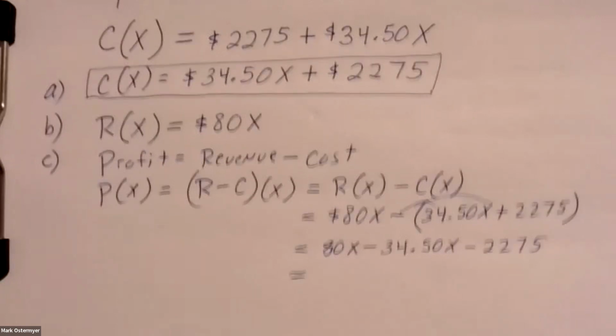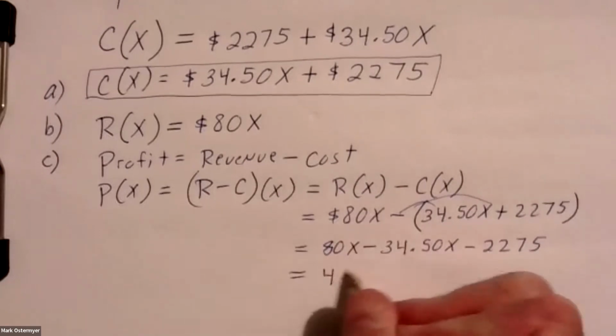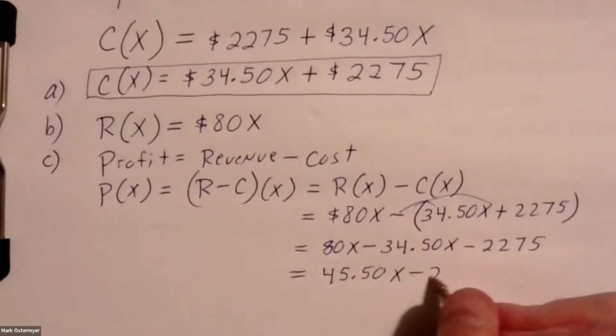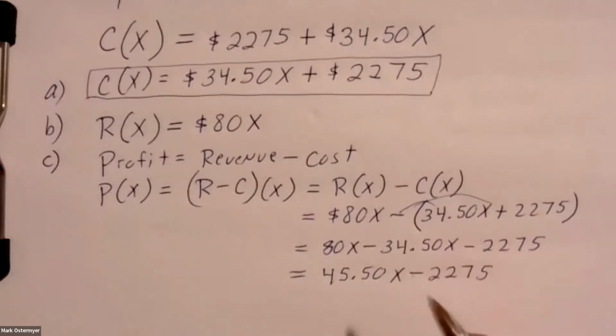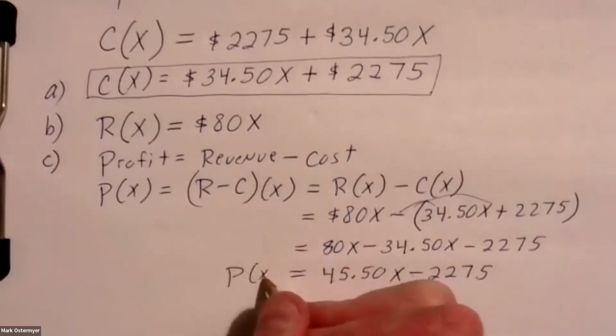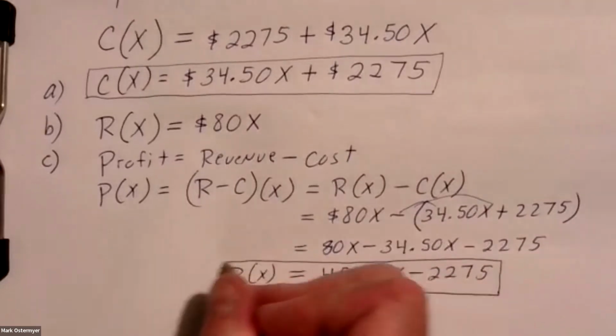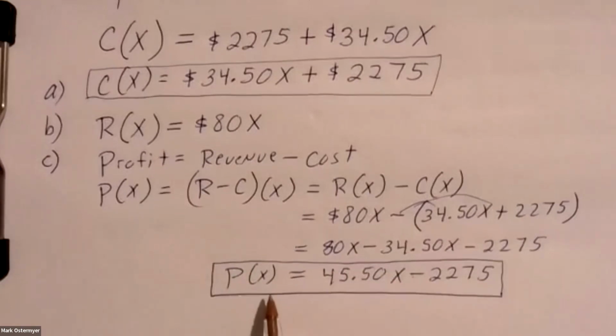It's going to be 45.50. And then we're done. We have our profit function. This will give you the profit that you will realize when you produce and sell X items. This is the profit you're going to bring in. That's your profit function.